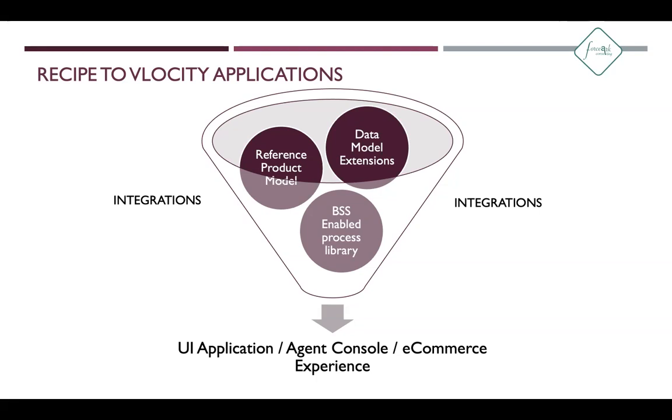BSS is the business support system, which caters mainly to the customer oriented category: how you capture the customer, maintain the customer, do the billing for the customer, and at a high level, how you integrate or connect to the OSS applications or the network applications.